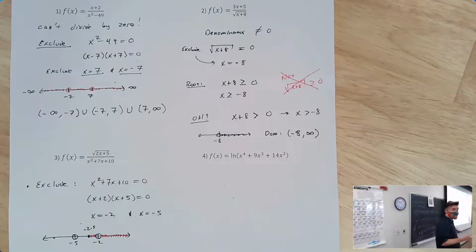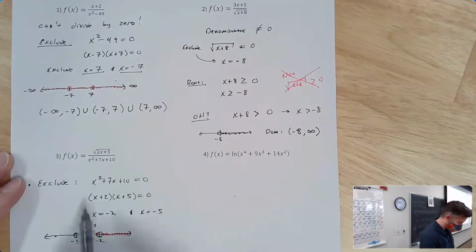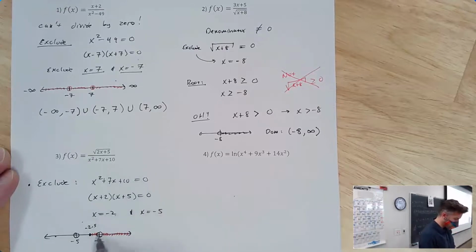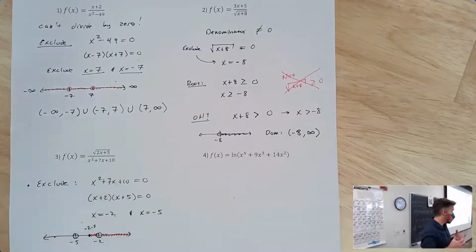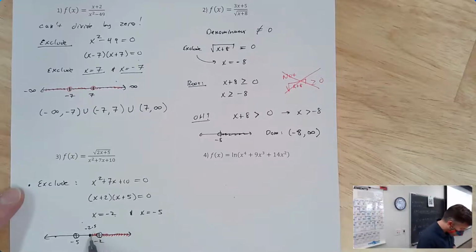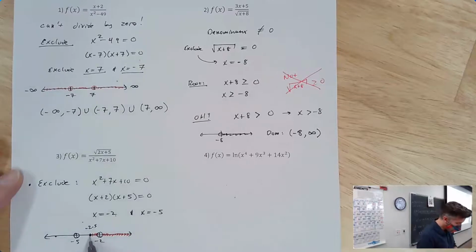So what we are doing here is overlapping our domains. For this piece, x can't be these two things, and for this piece, x has to satisfy the square root condition, which is all this. And then we want the least amount of stuff that still satisfies both those things. So we want x to be greater than or equal to -2.5, and then we don't want -2.